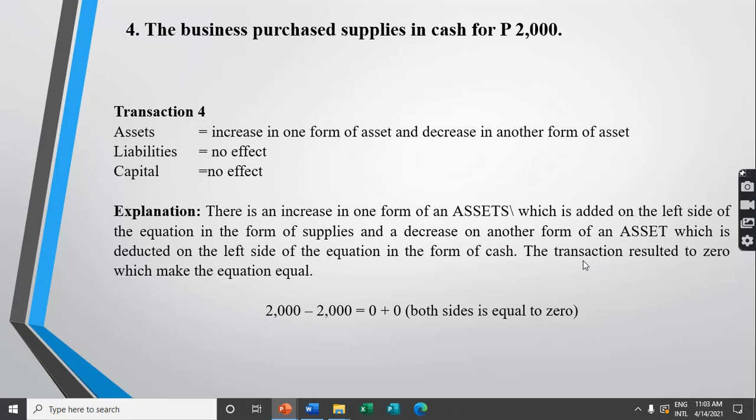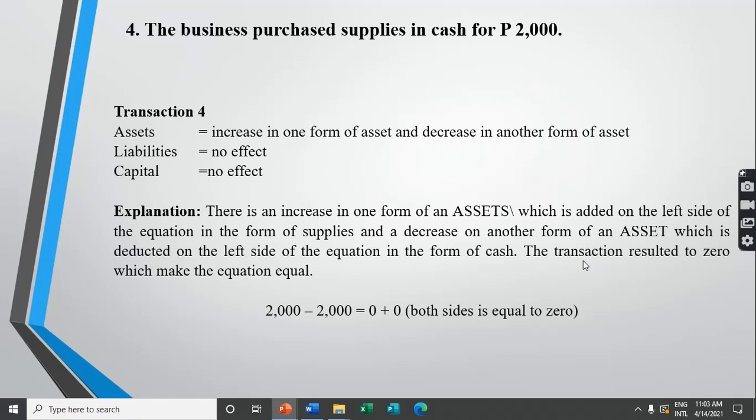Number 4, transaction. Okay? The business purchase supplies in cash for 2,000. Ayan, si business nag-purchase ng supplies na binayaran niya ng cash for 2,000. So, take note of that.